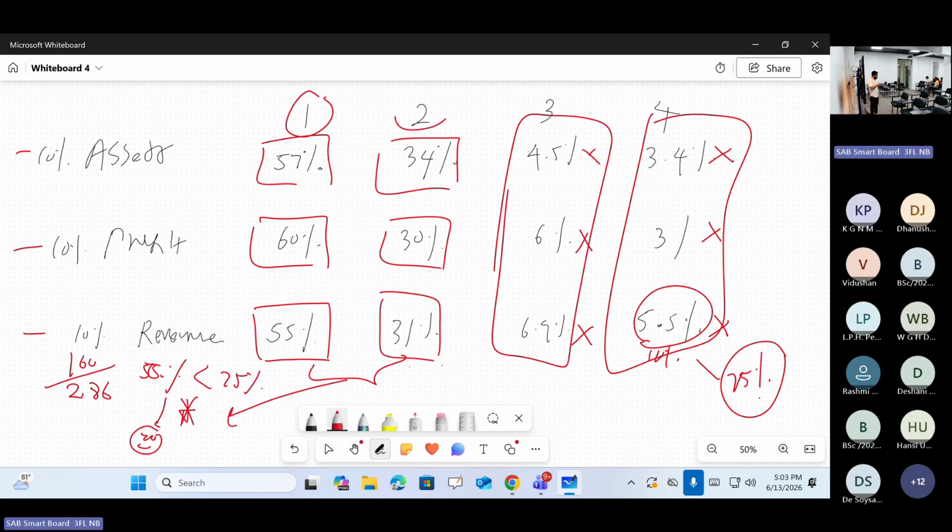External revenue, how much? 20 added makes 180 divided by 286, which is 62%, still less than 75%.